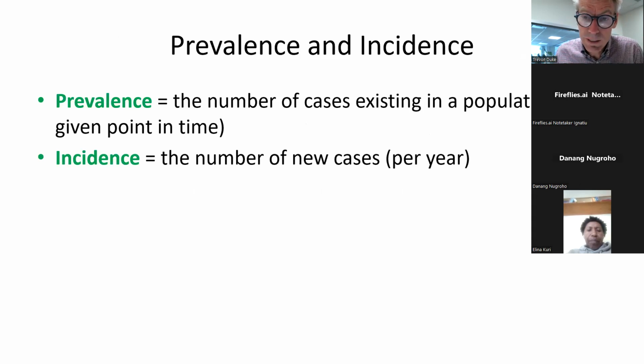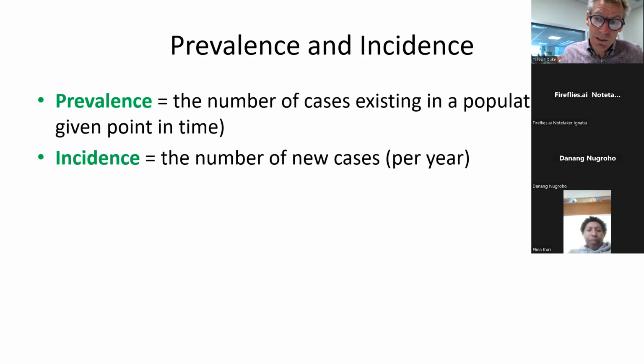Now, I wanted to talk a bit about the frequency of epilepsy. We'll get off febrile convulsions. Just to remind you, there are two measures of frequency: the prevalence of a condition and the incidence of a condition. Most of the data that enables us to say what the frequency of epilepsy is in a population are prevalence studies, the number of cases that exist in a population at a given point in time, whereas incidence means the number of new cases per year.